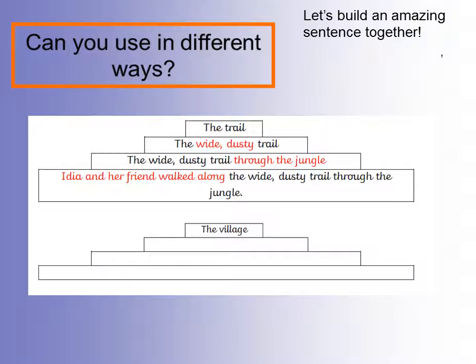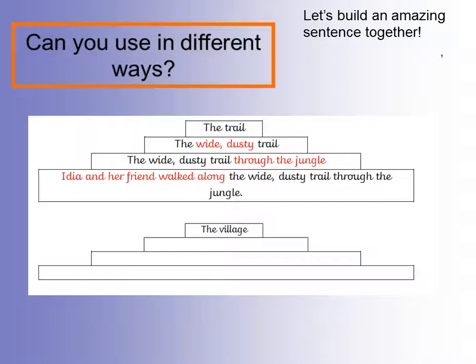The bustling, busy village. On the next row, I'm going to tell my reader where that village is. The bustling, busy village in the heart of the jungle. So now they know how it's described and they know where it is.